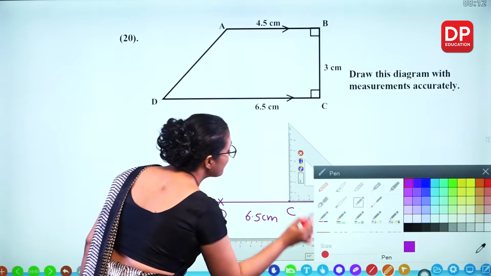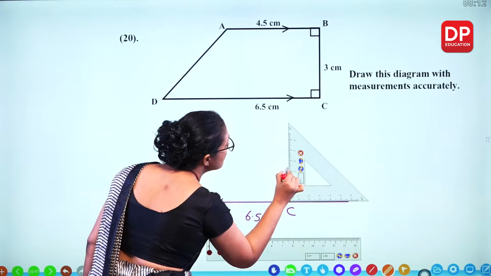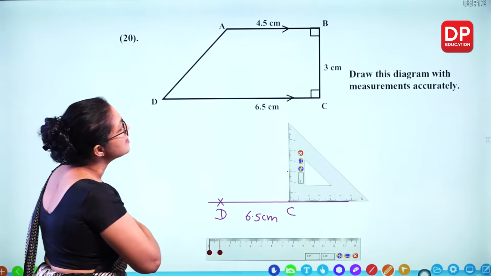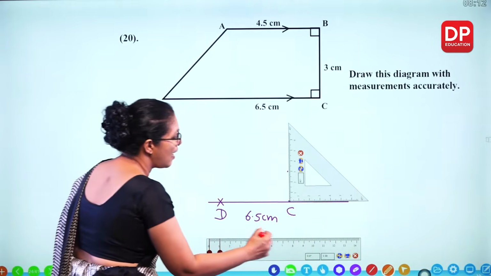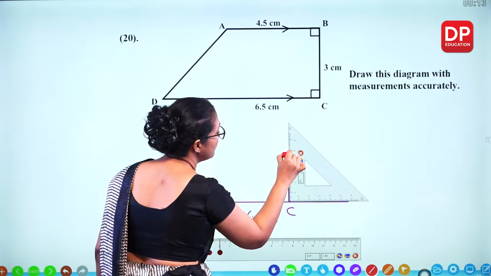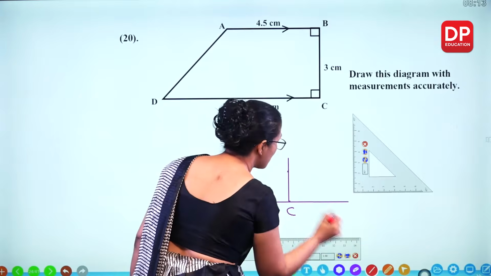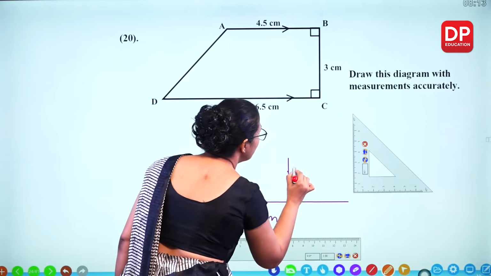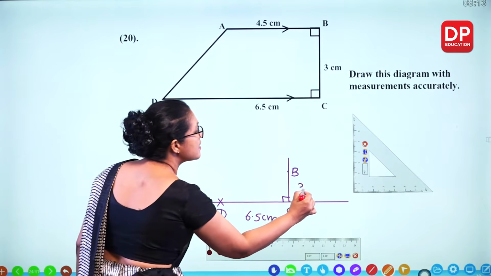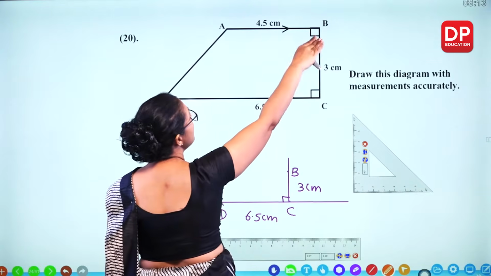So measure that. 1, 2, 3. So this is the point. That's 3 centimeters from C. I can draw the line and the point is B here. So this point is B and this is perpendicular, and 3 centimeters here.